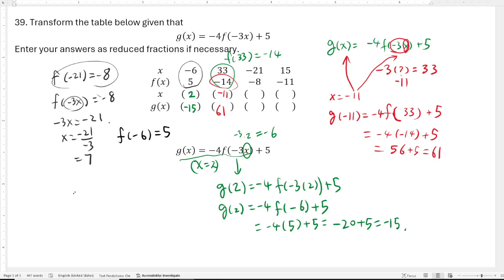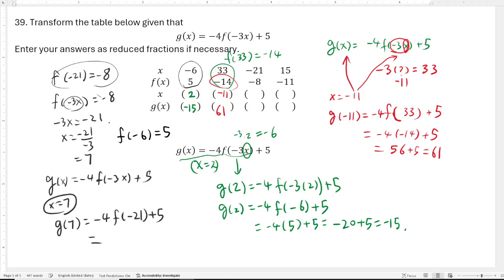So what I do is I take that equation g of x equals negative 4 f of negative 3x plus 5, plug in x equals 7 that we just figured out, so that g of 7 is equal to negative 4 times f of negative 3 times 7, which is negative 21, plus 5.